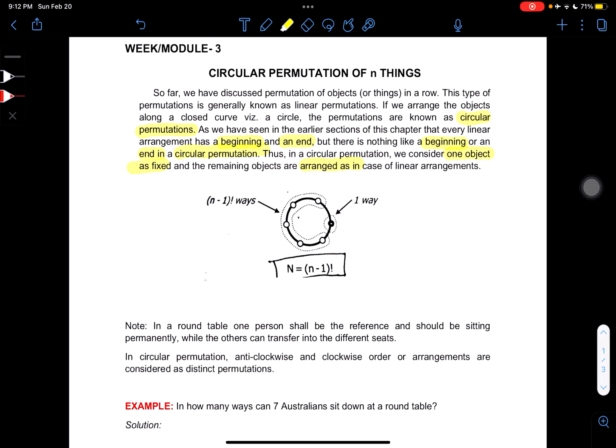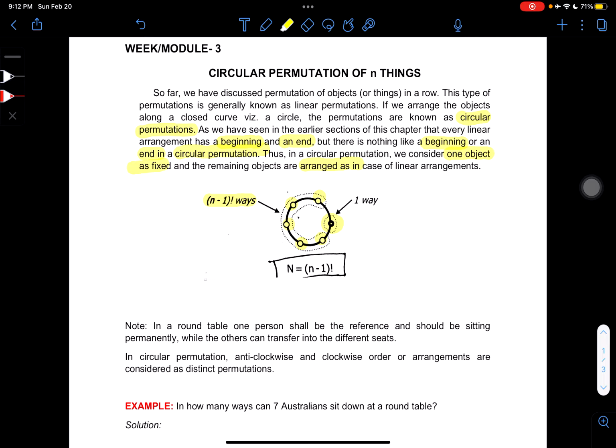In a circle, we have one object fixed, so it is considered as one way, and the remaining objects in the circle are arranged in a linear arrangement. Therefore, we have n minus 1 factorial ways.